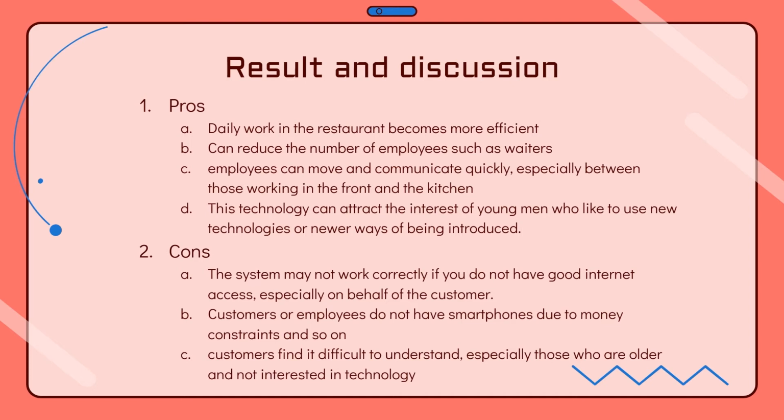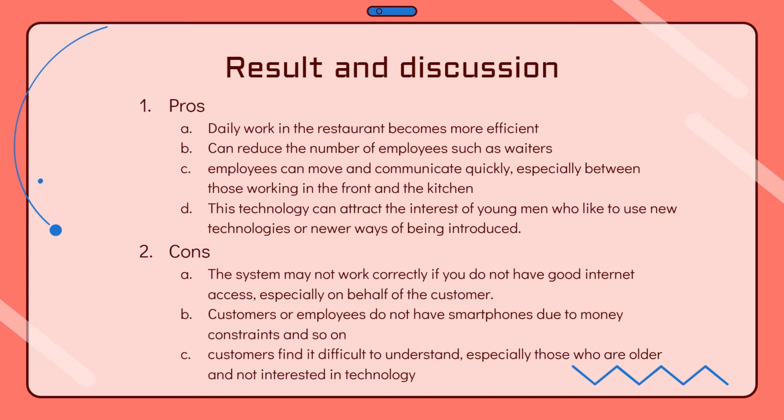Second, it can reduce the number of employees such as waiters. Third, employees can move and communicate quickly, especially between those working in the front and the kitchen. Lastly, this technology can attract the interest of young men and women who like to use new technologies or new ways of being introduced.